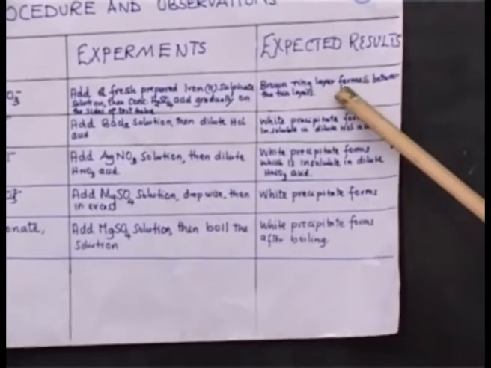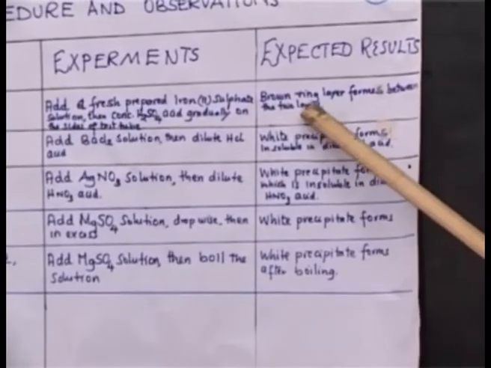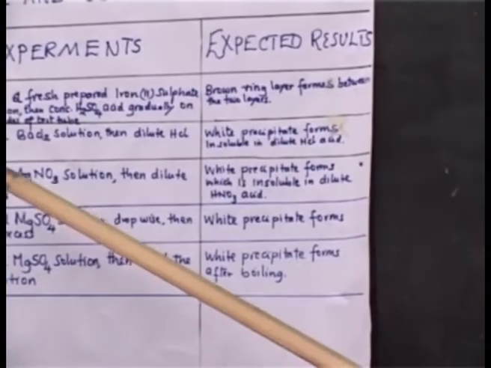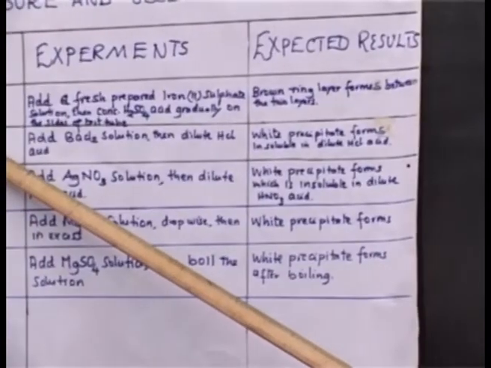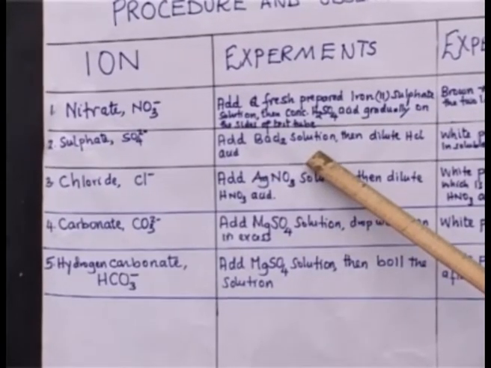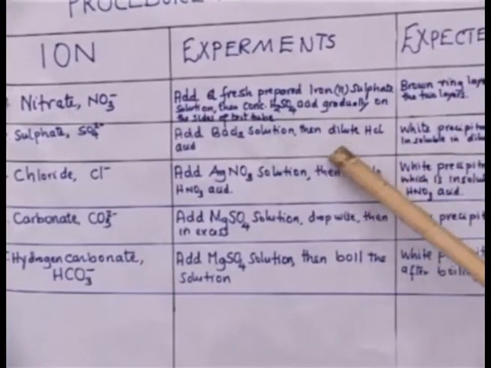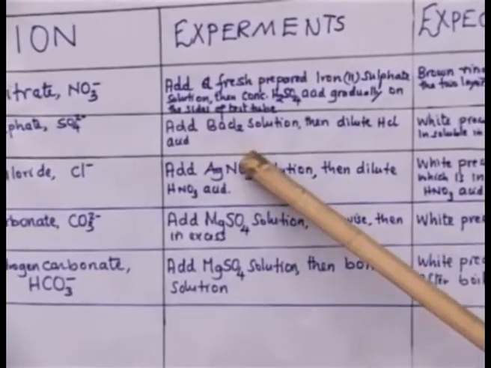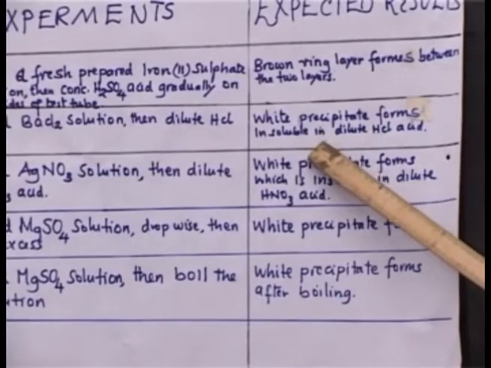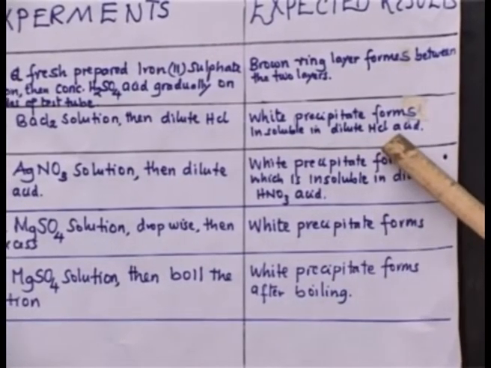A brown ring layer forms between the two layers. To confirm sulfate ions, add barium chloride solution, then dilute hydrochloric acid. A white precipitate forms, insoluble in dilute hydrochloric acid.